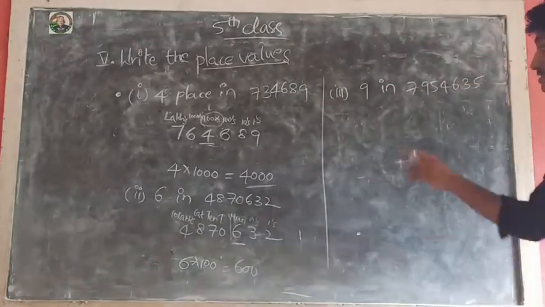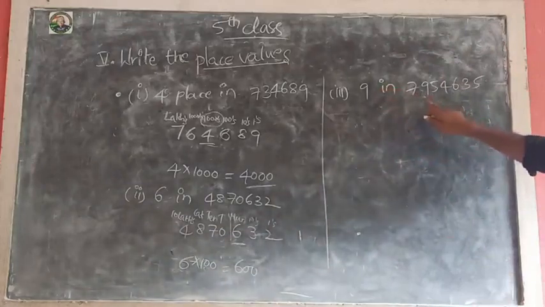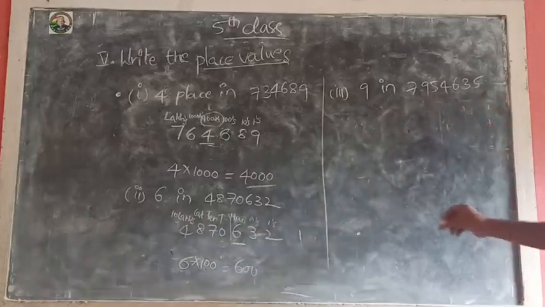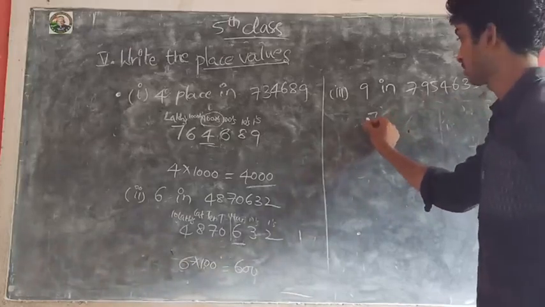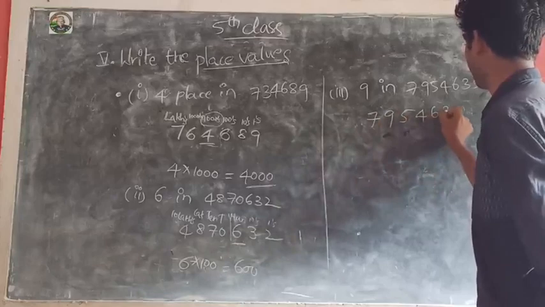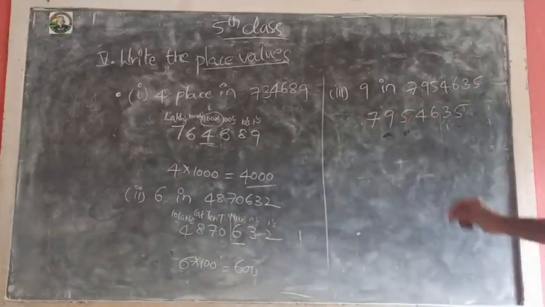Okay, the next question is the place value of 9 in 79 lakhs 54,635. Now write the number, 79 lakhs 54,635. This is the number given.